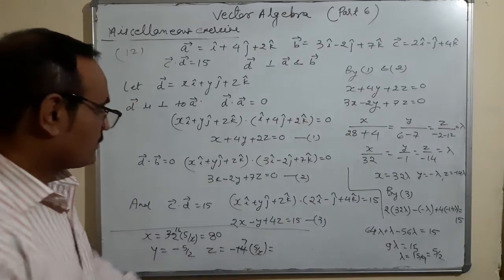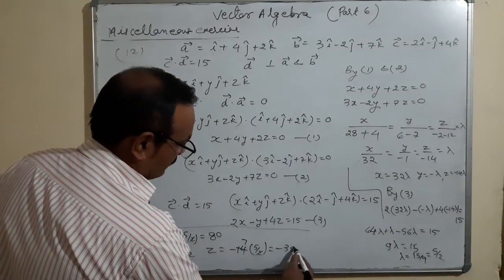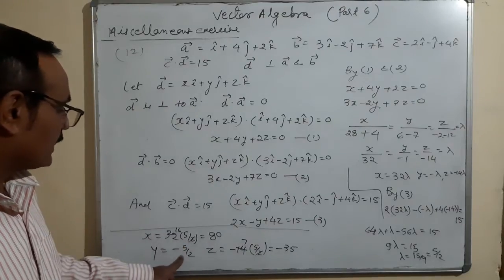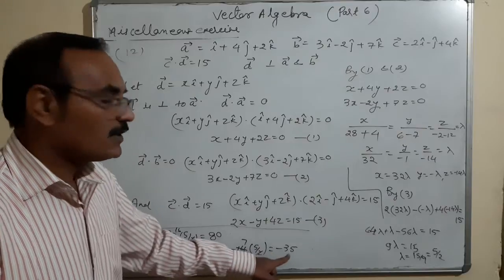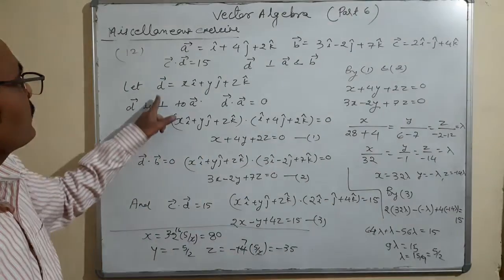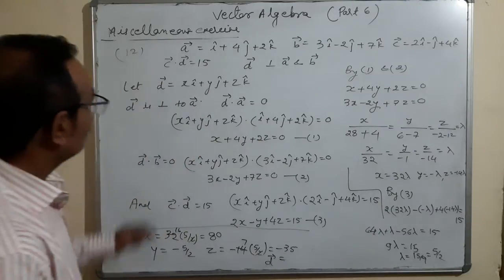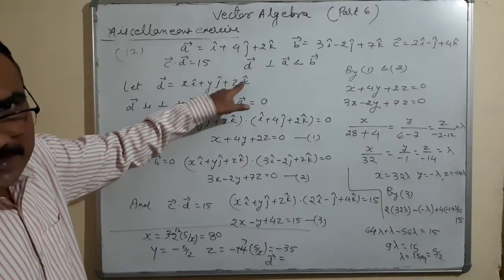Okay, so 7 5 is 35, minus 35. So these are three values: x is equal to 80, y is equal to minus 5 by 2, and z is equal to minus 35. So whatever the d which we have considered, vector d is equal to xi plus yj plus zk.